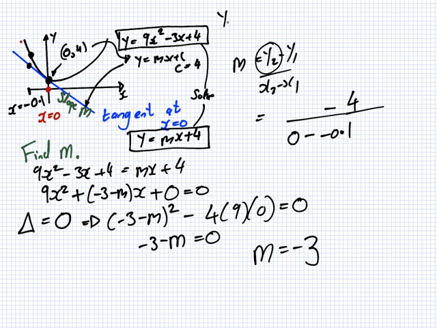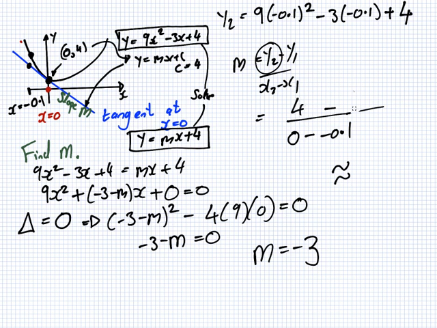Let's see. y2, can someone type this in? 9 times minus 0.1 squared minus 3 times minus 0.1 plus 4. What is this, please? We are making x2 equal to 0, so y2 should be 4. Oh, did I have this on the wrong side? Thanks.